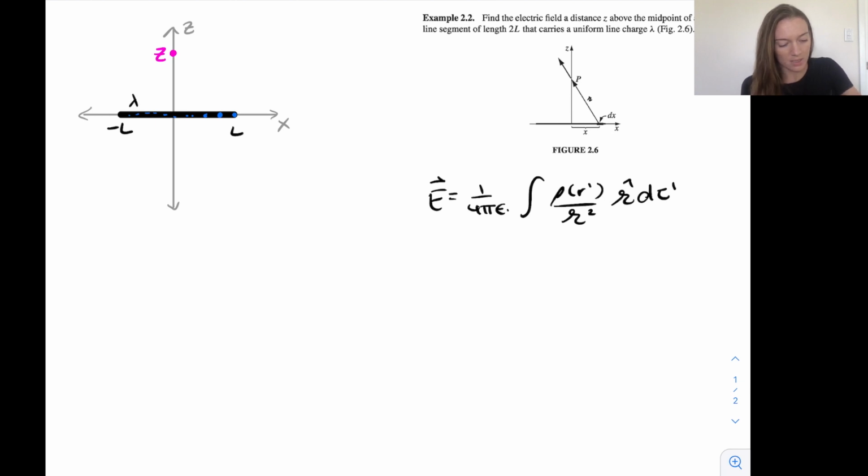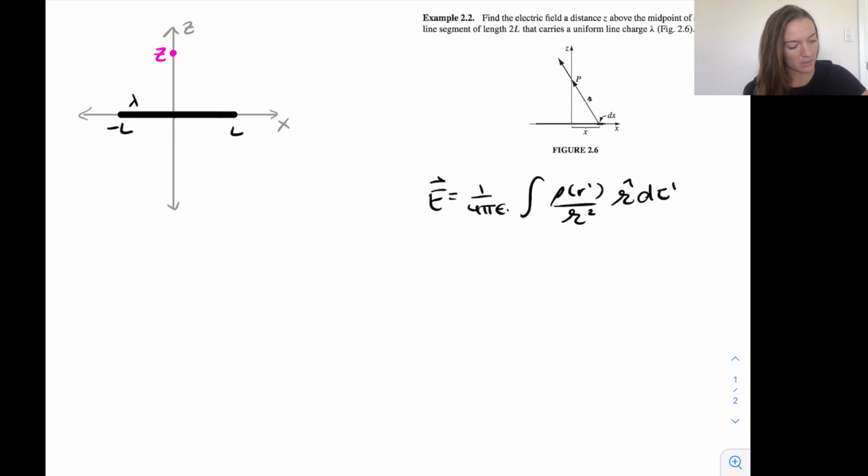And so the distance, fancy r, would just be this distance here, which goes from your source point to your field point where you're measuring the field, which in this case is just some arbitrary point z along the z-axis. And this will be the case for every single point in our charge distribution. So we have a little curly r distance for each single point in our charge distribution. We're going to talk about that more in a second.